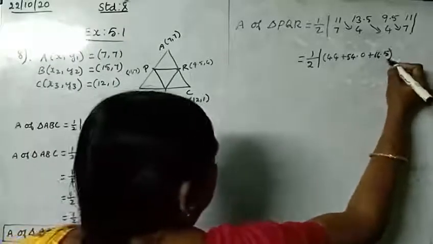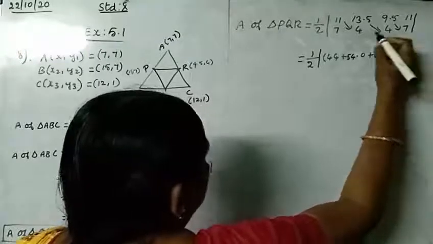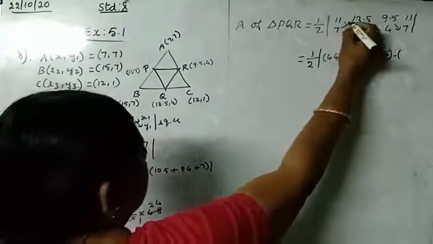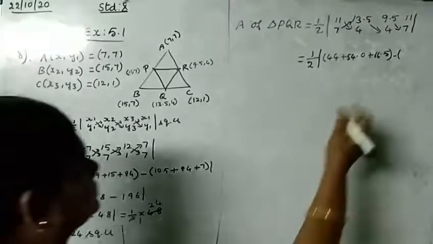So bracket closed and take a minus sign, bracket open, then taking umbrella. 13.5 into 7, let me multiply and tell you the answer, 94.5.